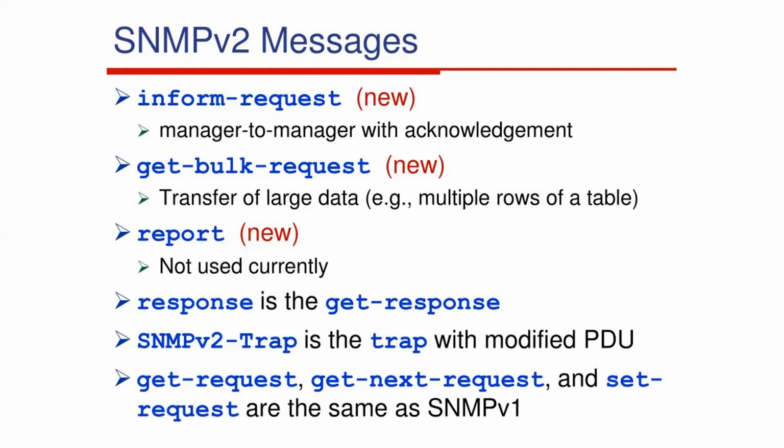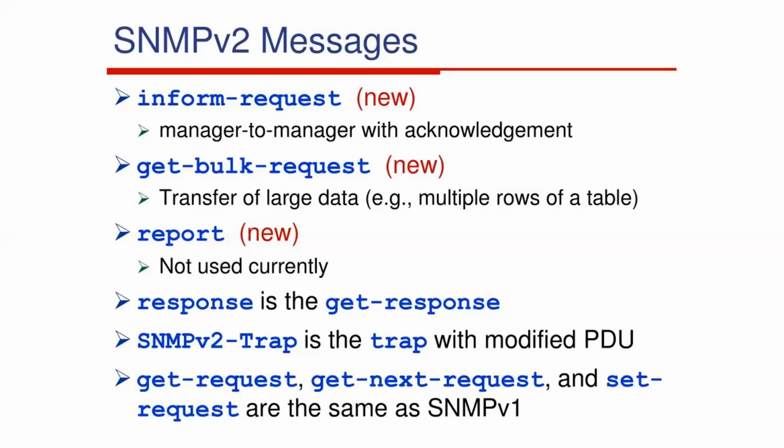The inform request message is generated by a manager application and is transmitted to another manager application, and the receiving manager application responds with a response message. This set of communication messages is a powerful enhancement in version 2 since it makes two network management systems interoperable.